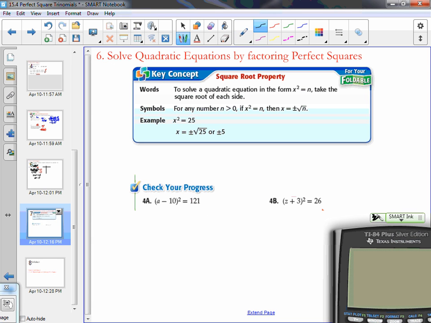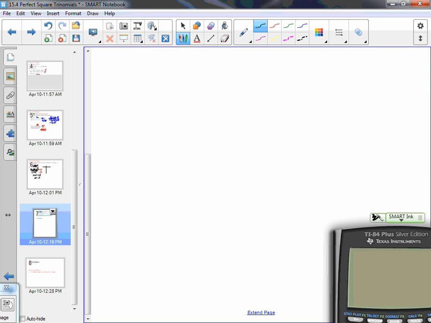All right. We can use that same technique to solve quadratics in a brand new way. Up until this moment, the only way to solve 4a would be to square that binomial on the left, subtract 121 from both sides to get it in ax squared plus bx plus c equals 0 form, factor it, and go from there.